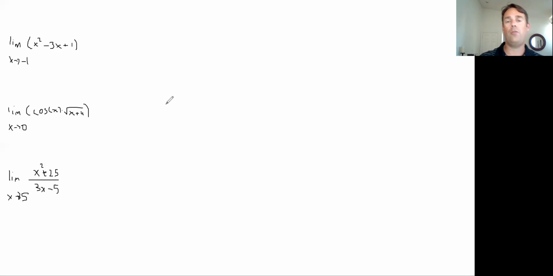Okay, so if we think back to what we did with limits last time, let's think about what's actually happening here. This whole little part right here is as if we were saying that this is some function.